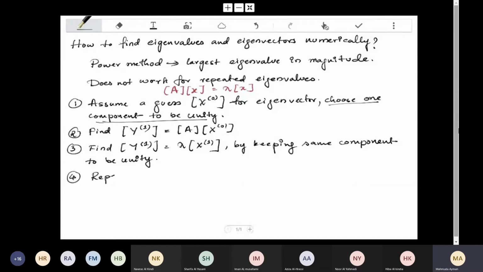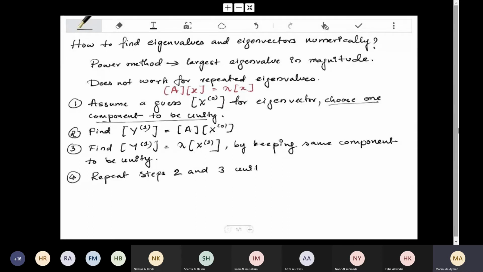So we'll repeat steps 2 and 3 until we have the eigenvalue converging.